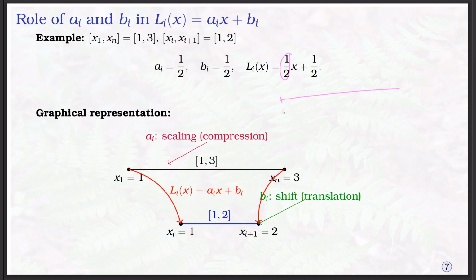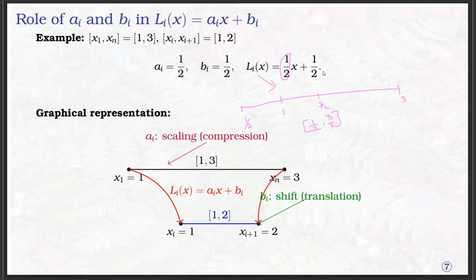If you are taking the interval 1 comma 3 and applying the Li here, first this 1 is compressed by 1 by 2, so we get 1 by 2, and when you are applying 1 by 2 on 3, then you will get 3 by 2. So now this interval is like here, this side 1 by 2, and 3 by 2 is here.